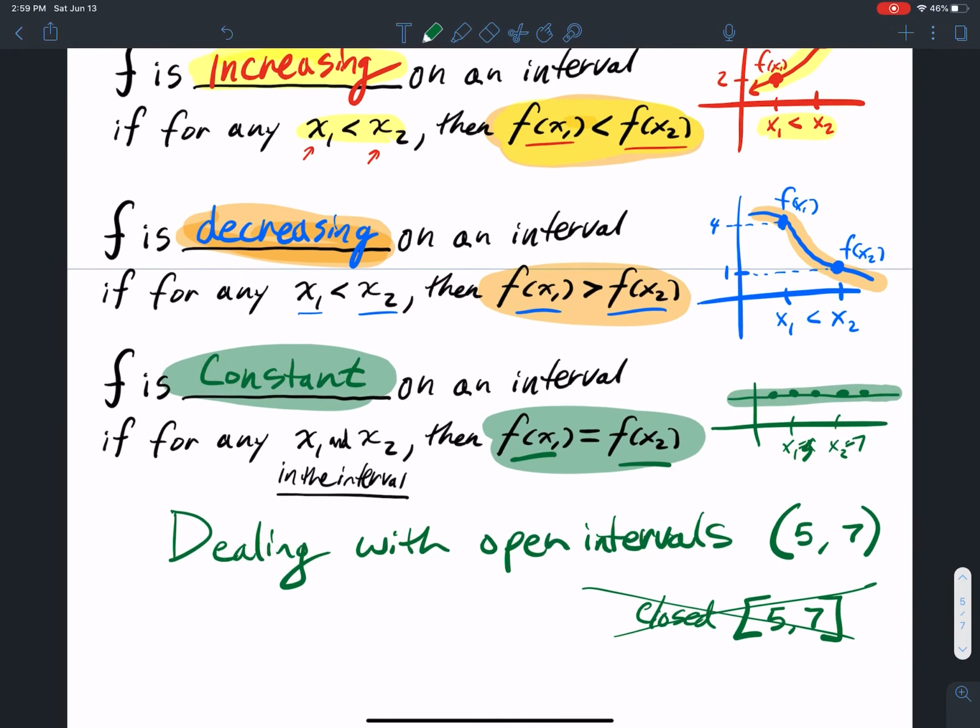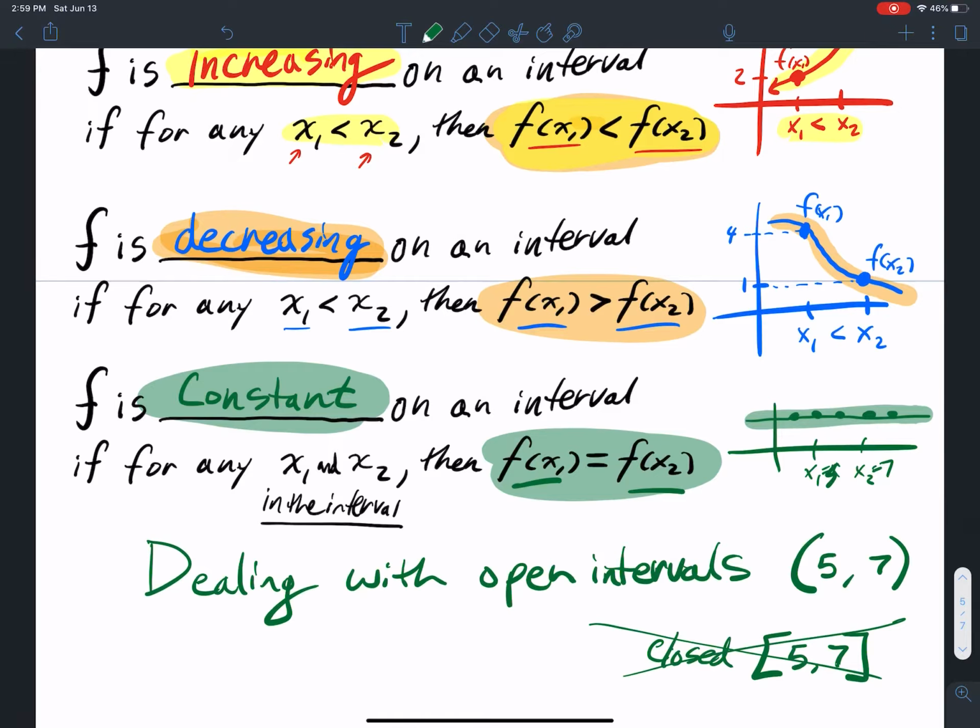The reason we don't include the endpoint is because if you're just looking at that endpoint, how do you know that it's decreasing, or heck, it could be increasing, or maybe it's constant? Unless you know more information than just an endpoint, you can't know.